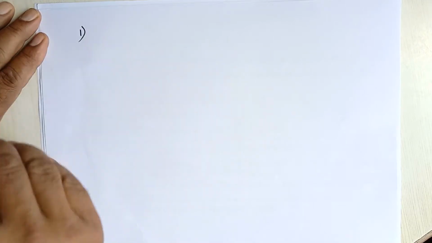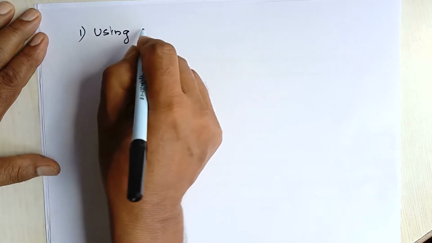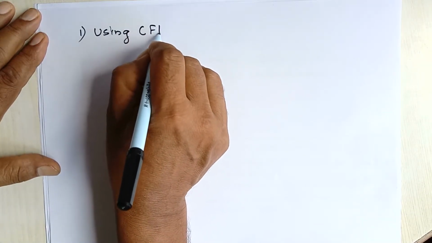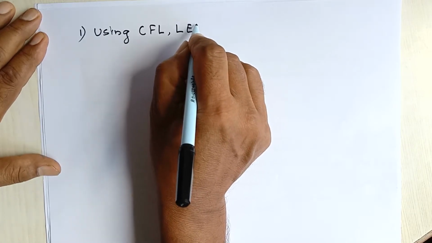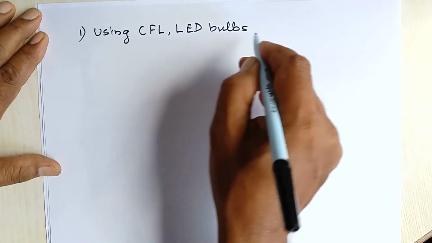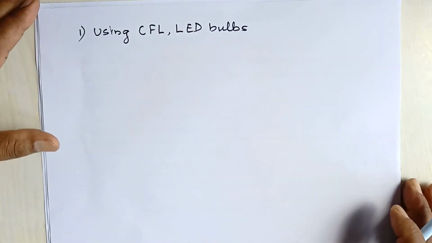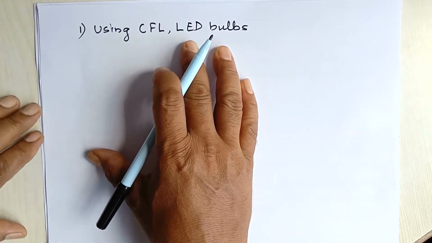If we have to write any 2 points, we can say number one, using CFL and LED bulbs. These bulbs have very low power, and that's why they consume very less amount of electrical energy.